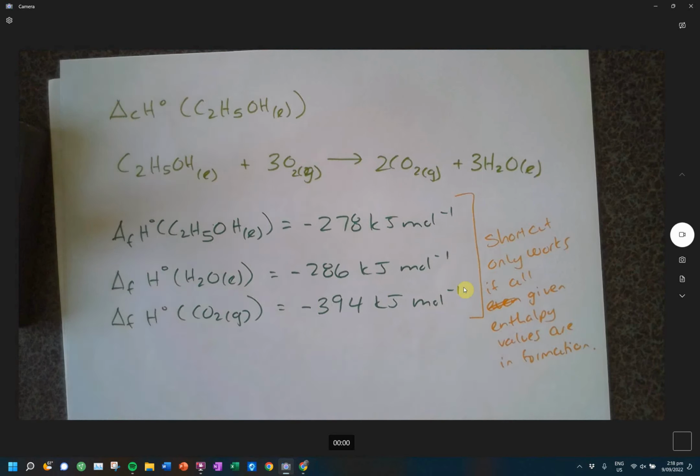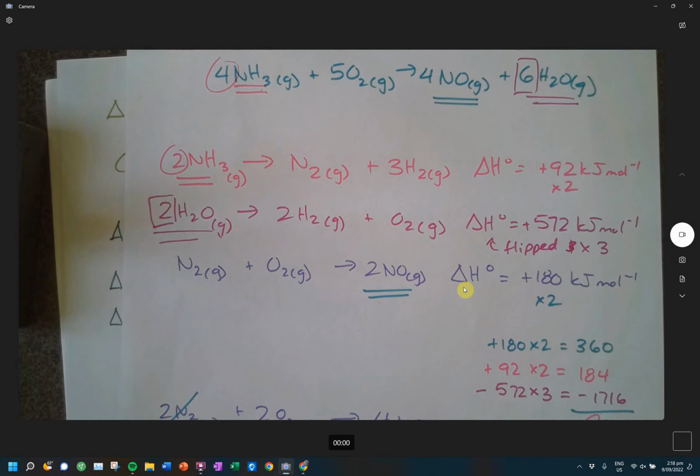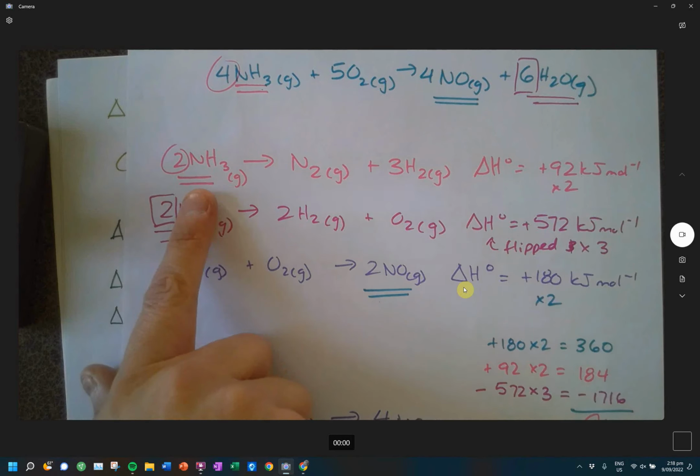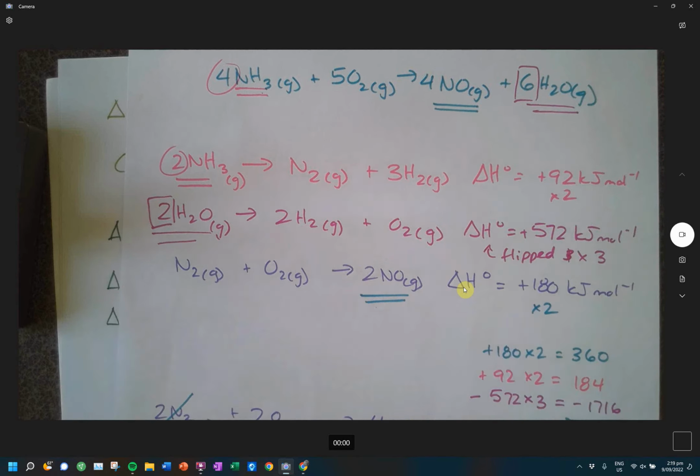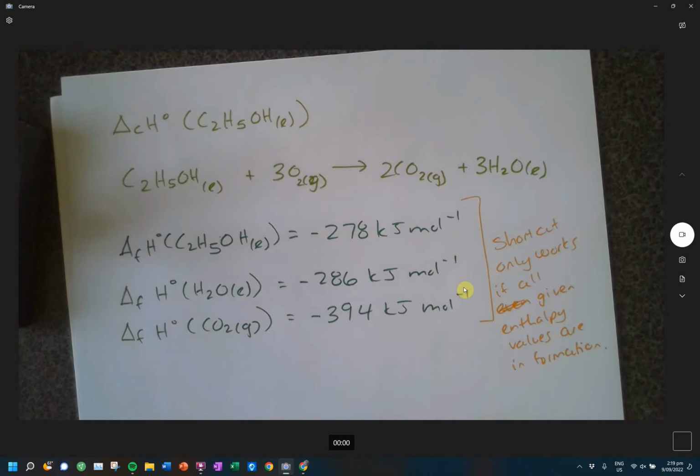In the example that we're looking at from the assessment, this one was obviously the other way around for a formation. Same with that one. And that one was a formation. So that's what we're looking for. In theory, you could have probably manipulated the other two equations to be all formation, but it would have probably complicated things.